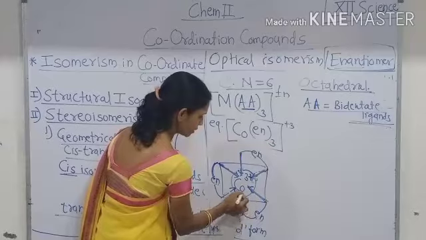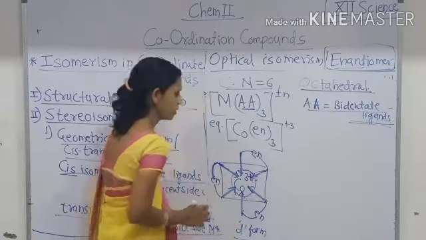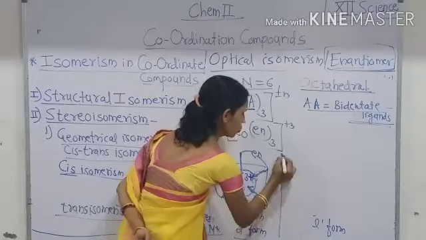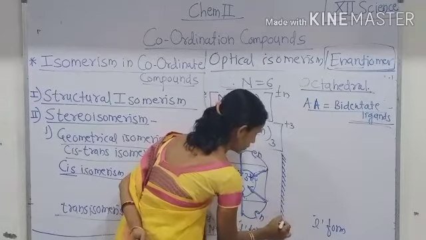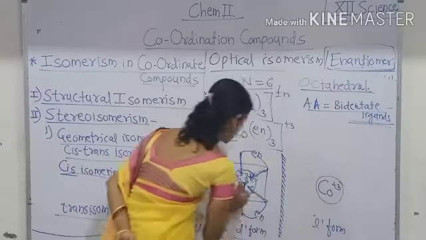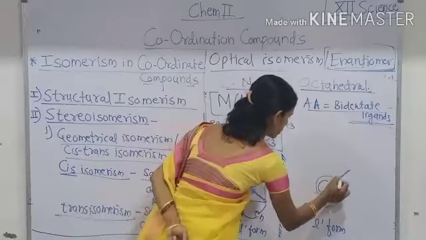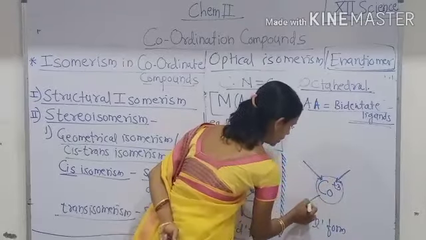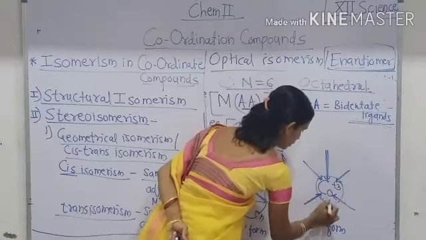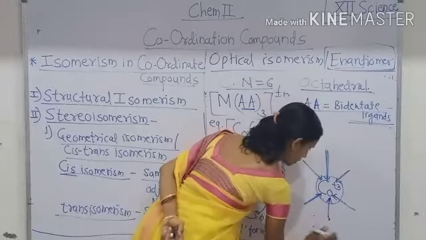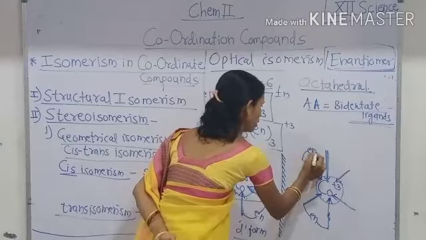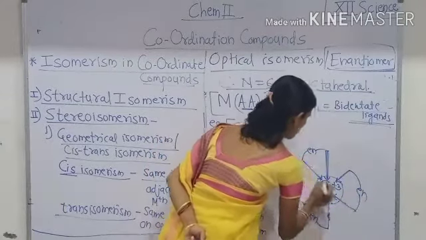And the mirror image, that means the L form of this coordination compound, is drawn like this: the Co3+ ion at the center, surrounded by 3 identical bidentate ligands, that is ethylene diamine, en, ethylene diamine, and the third one at this position.